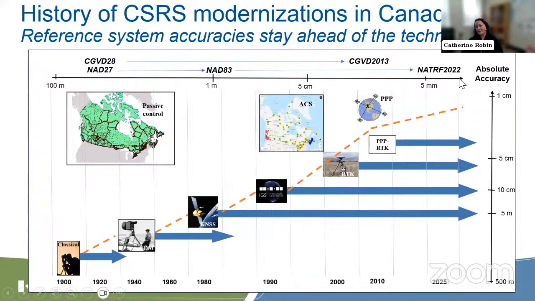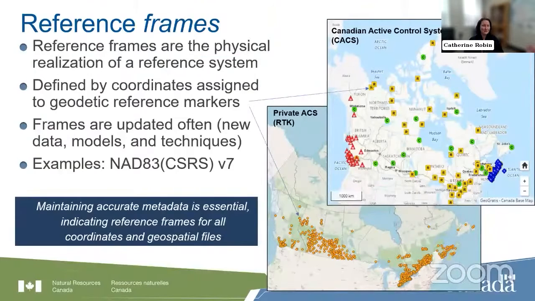On the axis here, I'm showing that the goal is to always have the system more accurate than the technologies that are accessing the system. So those are the main messages in this diagram here. They happen every 50 to 100 years.